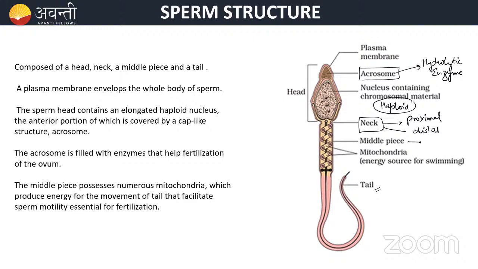The middle piece is known as the energy chamber. Why is it called the energy chamber? Because it consists of the mitochondria. And these mitochondria, you can see, are spirally arranged like this.